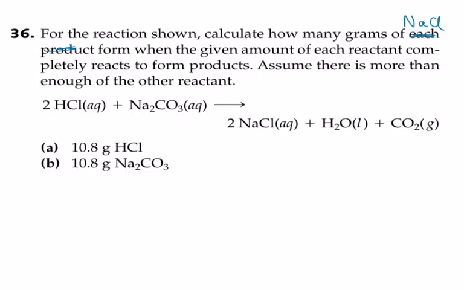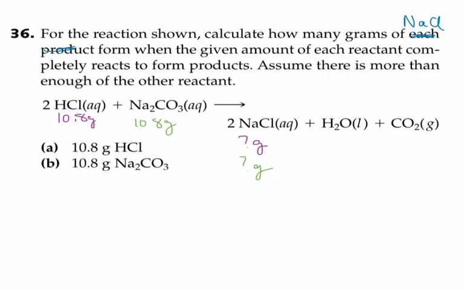So you'll have 2 problems here. In the first one, you'll have 10.8 grams of HCl, and you're supposed to get to the grams of NaCl. And in the second one, you'll have 10.8 grams of the other reactant, and you're supposed to get to the grams of NaCl. So only 2 problems there.